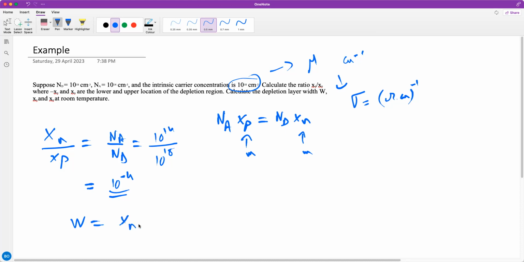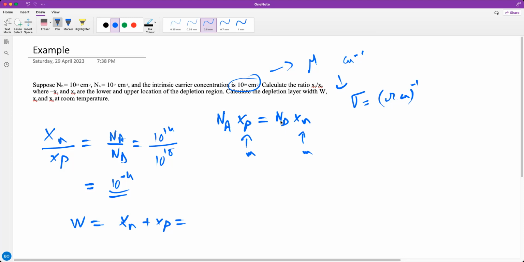Okay, but you don't have xp, you don't have xn. You have a ratio between them. You could isolate them.